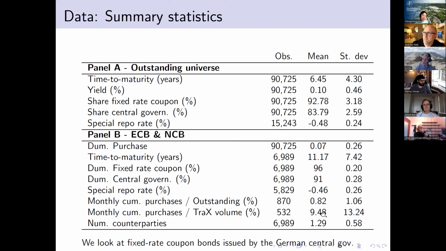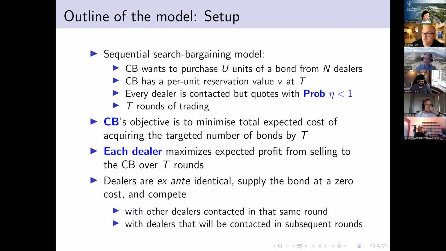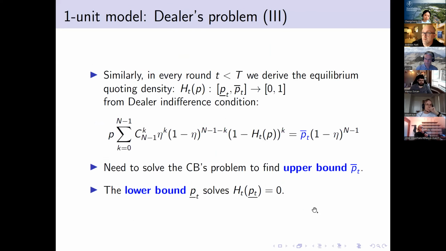So they're quite large, and given that the German Bund is not actually the largest amount of debt outstanding in the Eurozone, by the end of the program they owned about 24% of the total outstanding supply of bonds. So it's quite significant in terms of the amount that they trade.